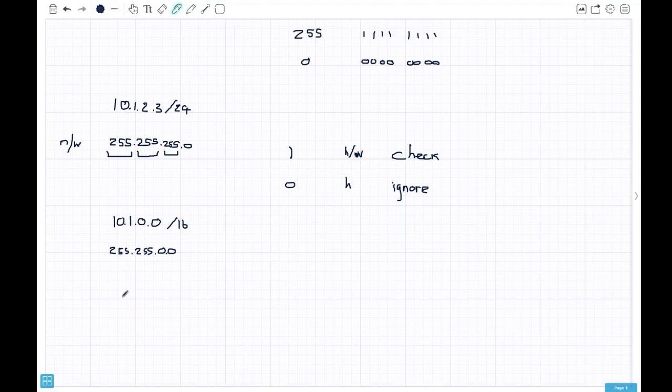But what if we wanted to talk about networks 10.16 all the way through 10.31? So we want to create a network summary of 10.16 to 10.31. Well, what we do to start off with is we write 16 down in binary.